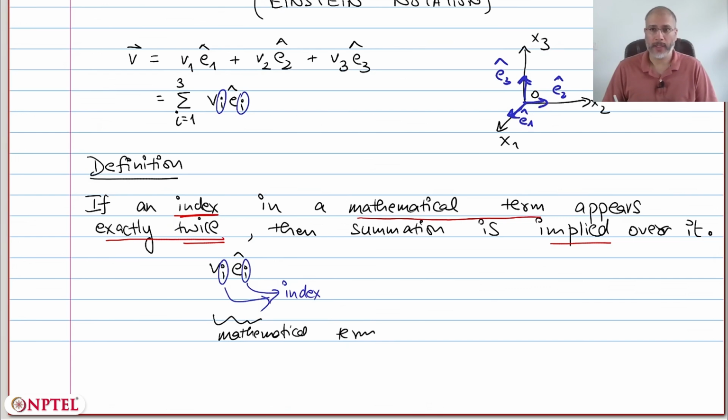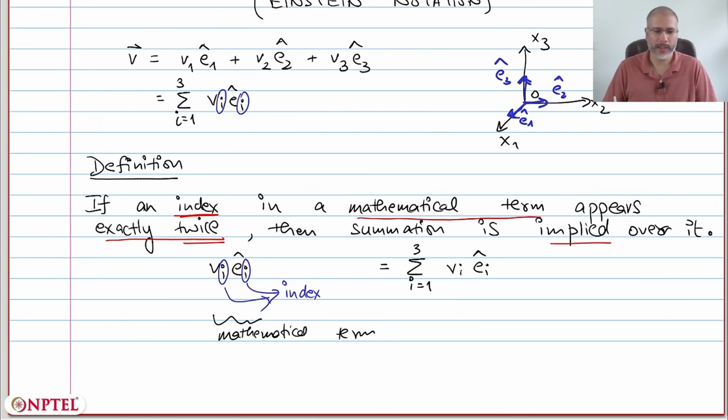So if the index i in this mathematical term appears exactly twice, then from the summation convention, summation is implied over it. It implies that there is a sum on the index i, where i goes from 1 to 3, because we live in a three-dimensional world, of vi ei.